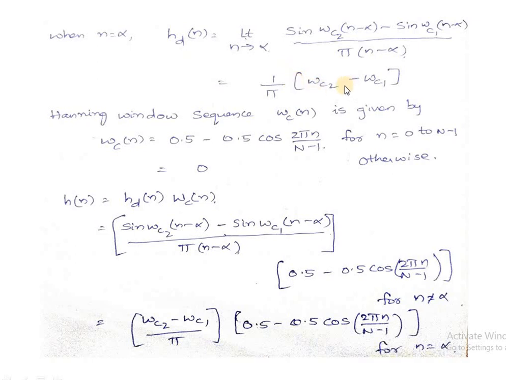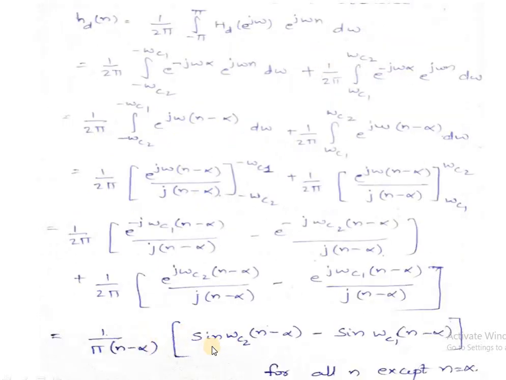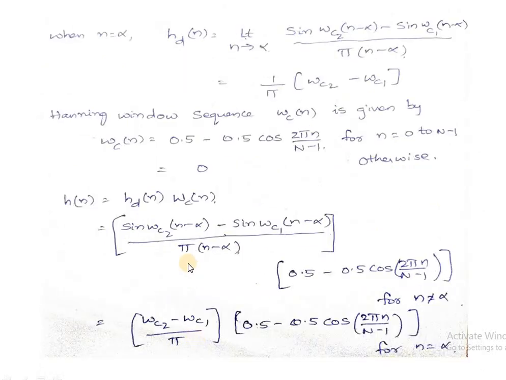Therefore I use this expression for n is equal to alpha here, and for all n not equal to alpha, generally I use this particular equation, the above equation that we have got upon evaluation. I use this for all n which is not equal to alpha, substituting various values of n in order to calculate the finite impulse response sequence h of n.